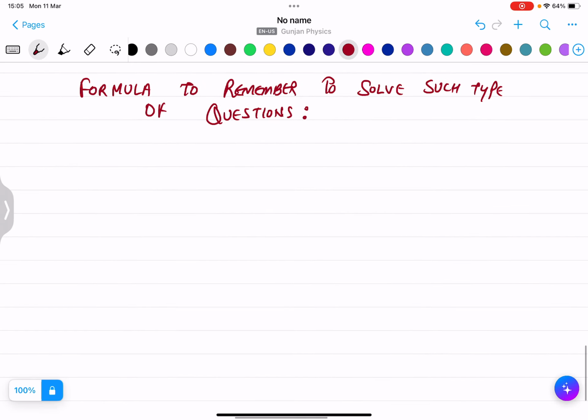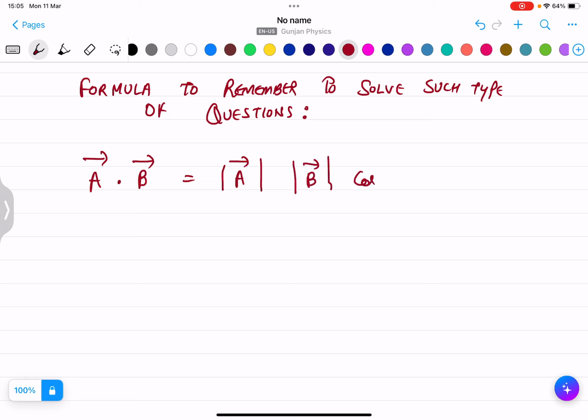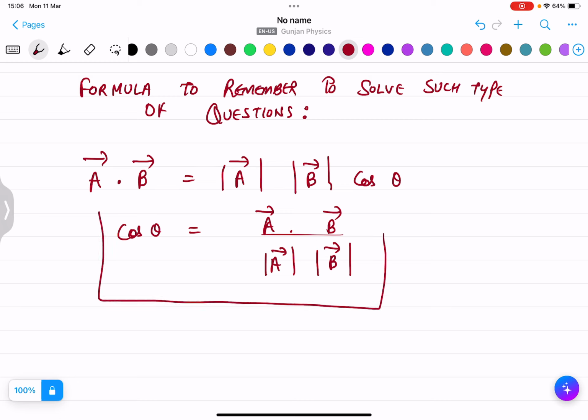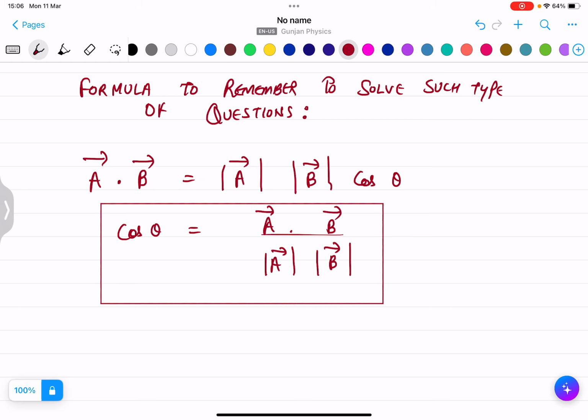The formula is A vector dot B vector equals magnitude of A vector, magnitude of B vector, and cos theta. That means cos theta will be equal to A vector dot B vector upon magnitude of A vector and magnitude of B vector. So this is the formula we are going to use to find this angle.